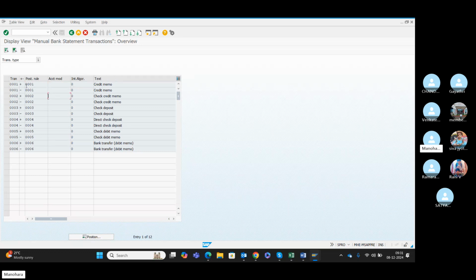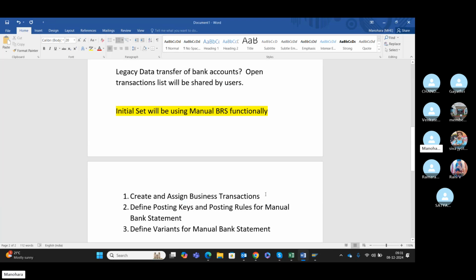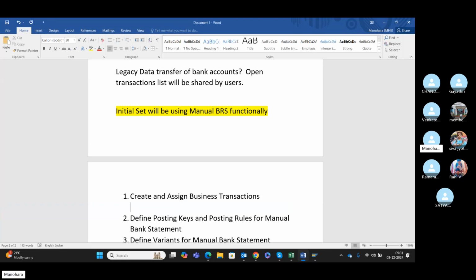Okay, post. Coming to this, the first point is transaction. The second point, B, is plus or minus.